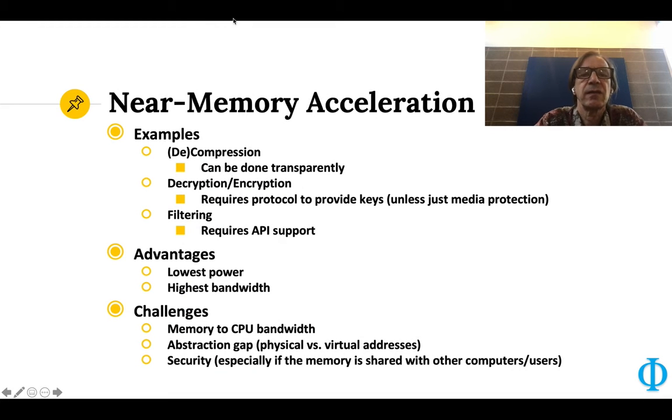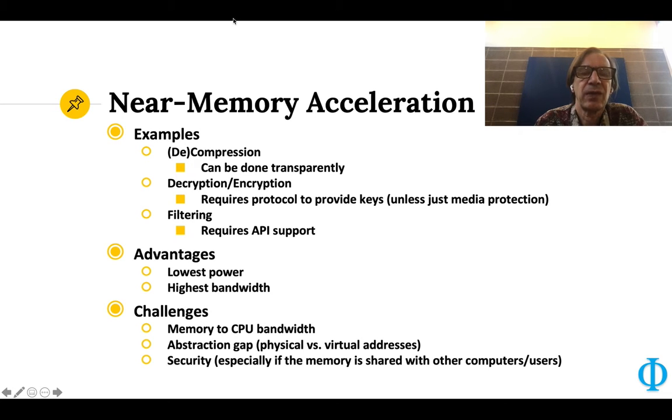As you might expect, near memory acceleration is conceptually very similar to near storage acceleration. Some of the advantages that may be a little bit more pronounced in this case is reduced power, especially if you use something like 3D stacked memory on top of the accelerator, or truly integrate the accelerator within the DRAM device itself.